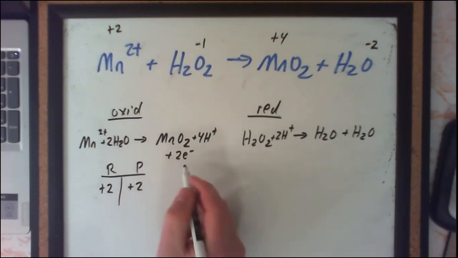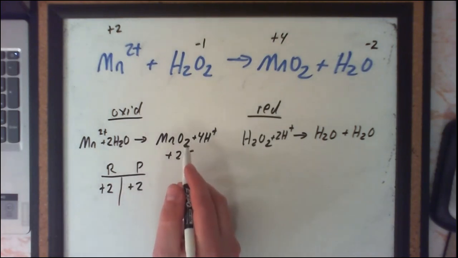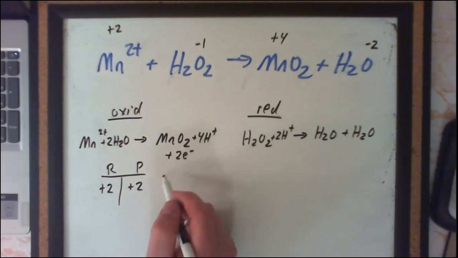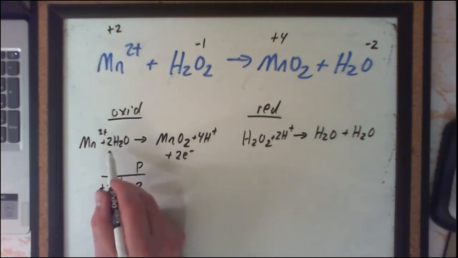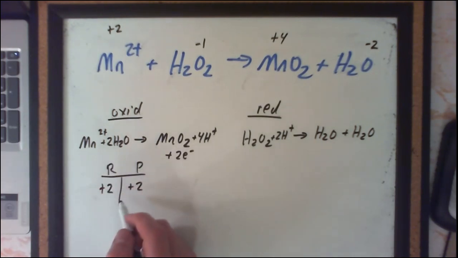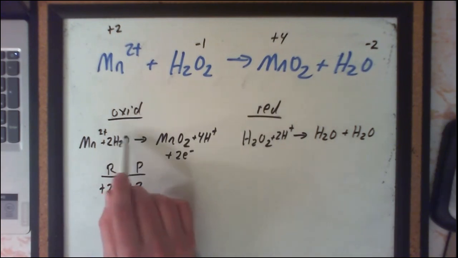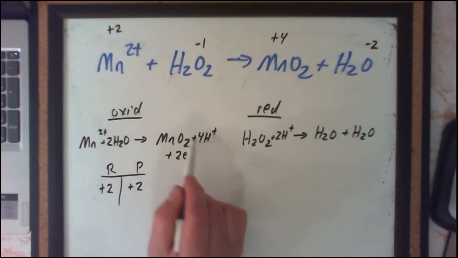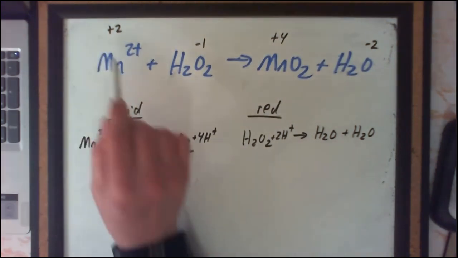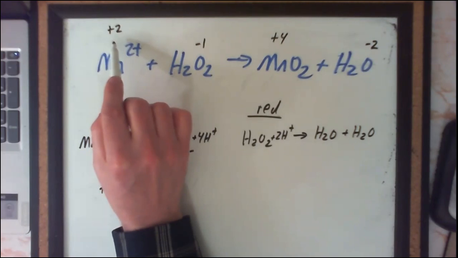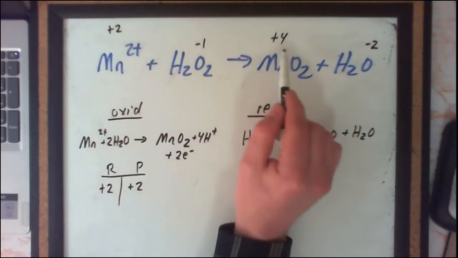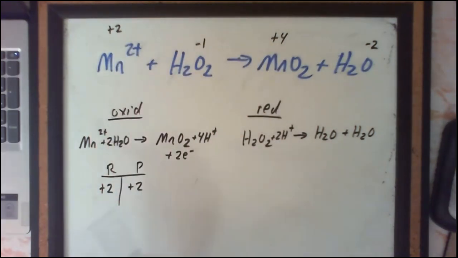If I add 2 electrons to the product side, I now reduce my product side total charge to +2 to match the +2 total charge I have on the reactant side. You see that number makes sense because notice that I'm losing electrons in an oxidation process, and specifically I lose 2 electrons because the oxidation number of manganese went from +2 to +4, a difference of exactly 2.